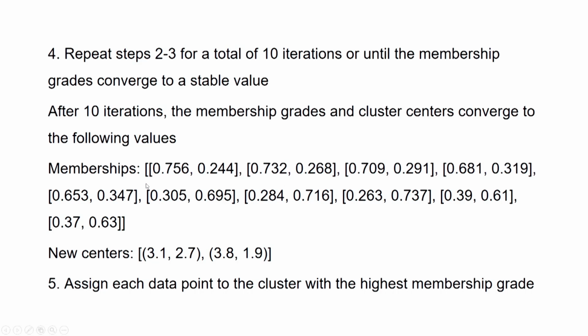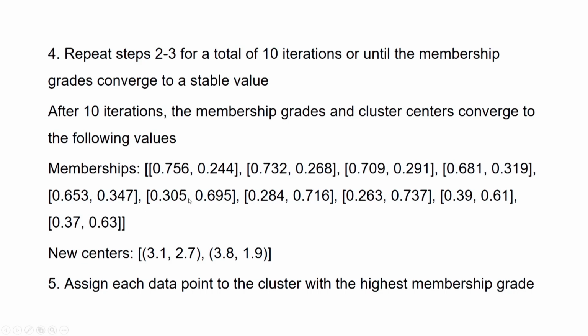For data point 1, the membership value for cluster 1 is 0.756 and for cluster 2 is 0.244. This is much higher, so we assign the first data point to the first cluster, the second data point also to the first cluster because its membership value is greater, and the third data point also to the first cluster.